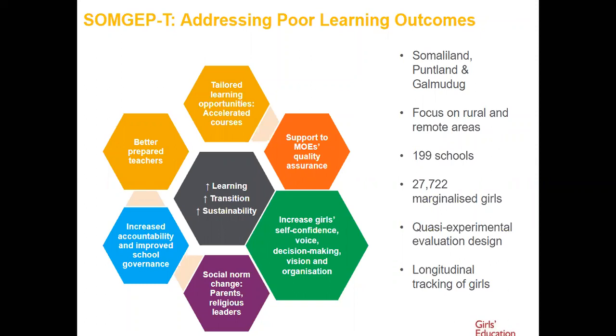And it's currently working in 199 schools and reaching over 27,000 marginalized girls. It's evaluated using a quasi-experimental evaluation design. And it has been tracking girls longitudinally since 2013.